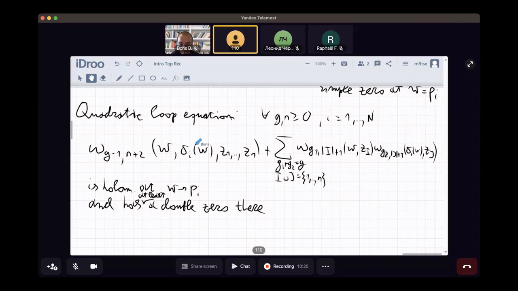Okay? So it basically corresponds, this term with omega 0, 1, when there is omega 0, 1 there, it corresponds to the left-hand side, basically, of the original topological recursion formula.